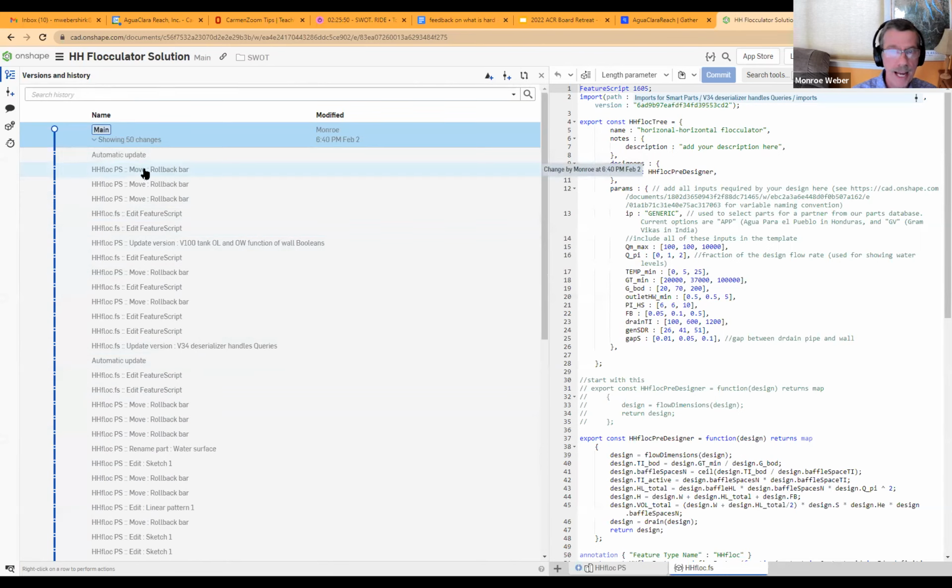Anyway, right next to my mouse, it says this was done by Monroe at 6:40 p.m. on February 2. Every single change that was made in this document, I can see who did it. And it appears that Monroe is the only person who contributed anything to this design, which is because I created it, and so that's correct.